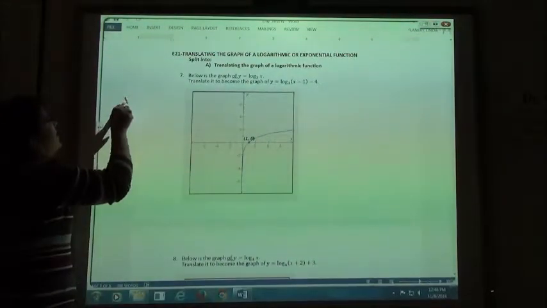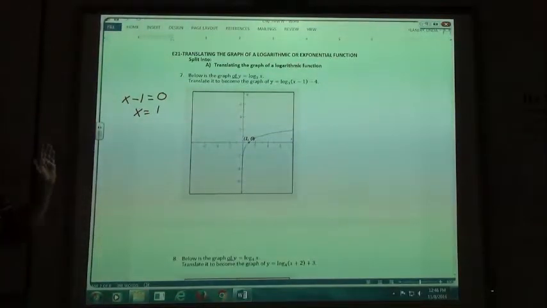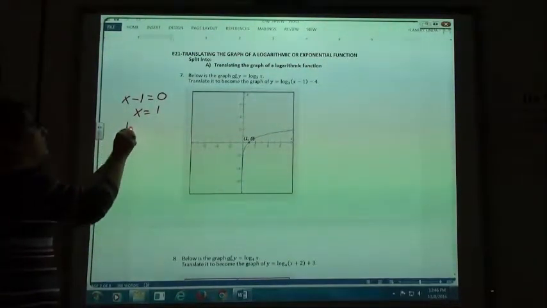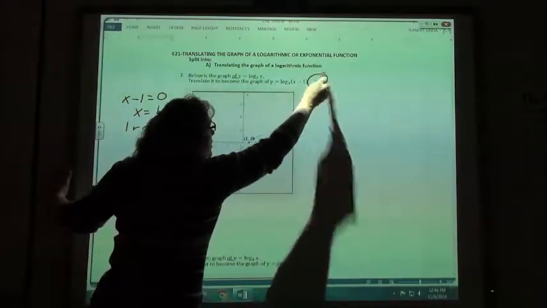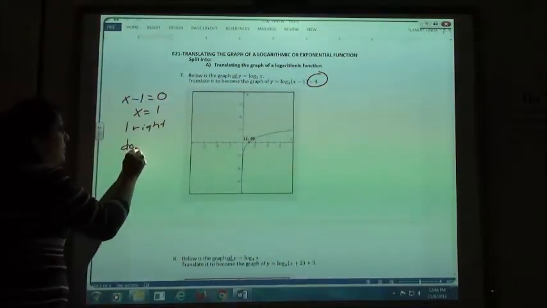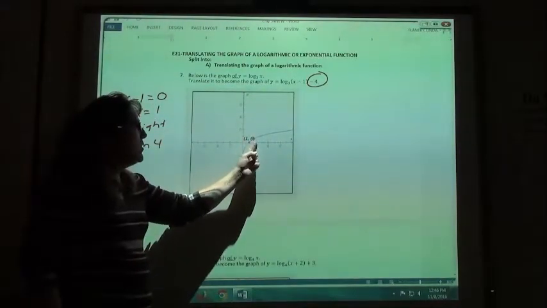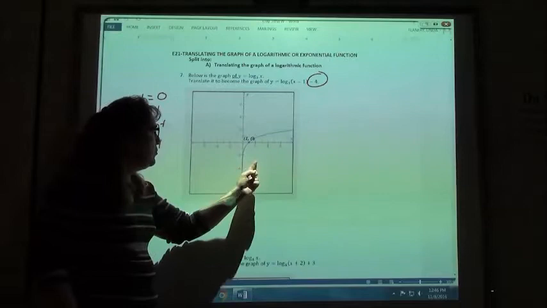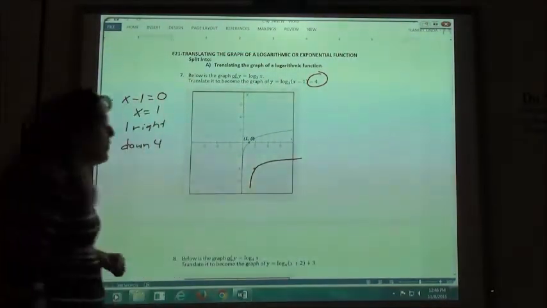So if we have x minus 1 equals 0, x equals 1, and it moves 1 to the right. The end number just goes in the same direction as it looks. I'm going to go down 4. So I'm going to grab that dot, move it 1 to the right, down 1, 2, 3, 4, drop it, and then my new graph is going to show up over there.